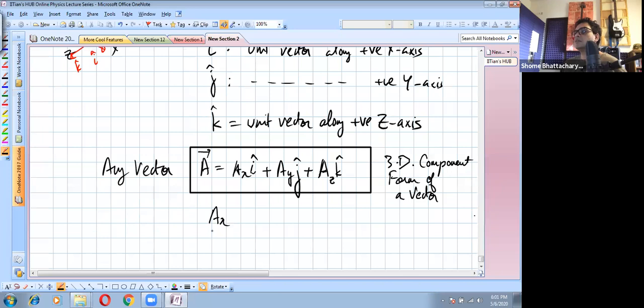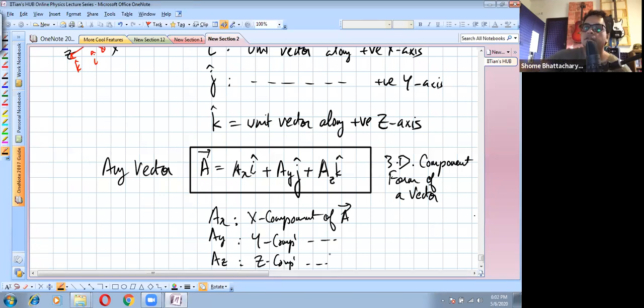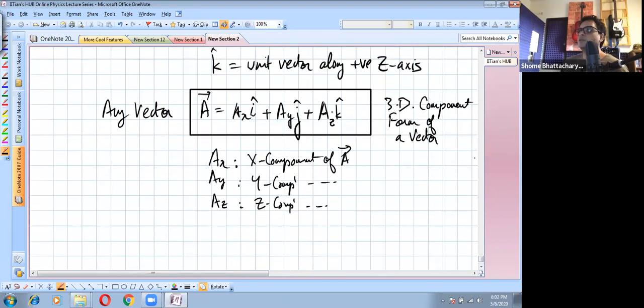So AX, AY, and AZ are respectively the X component of vector A, the Y component of vector A, and the Z component of vector A. Alright, so these are what we mean by the 3 components. Now we learn to visualize this also, we'll understand.